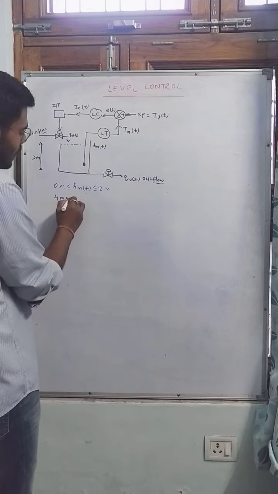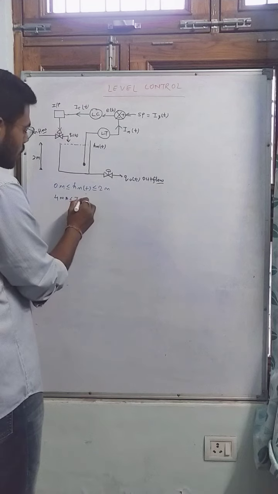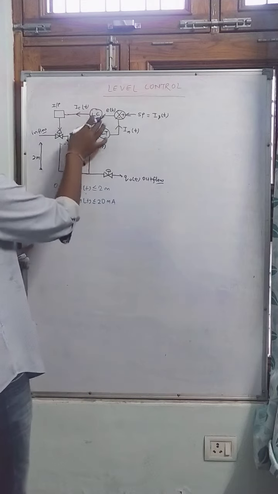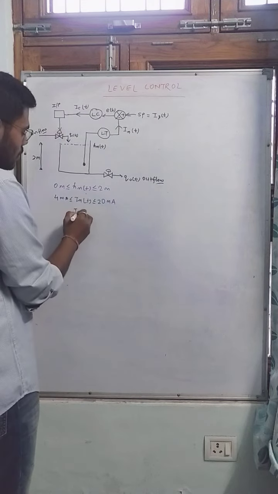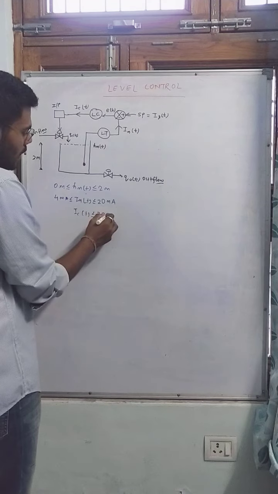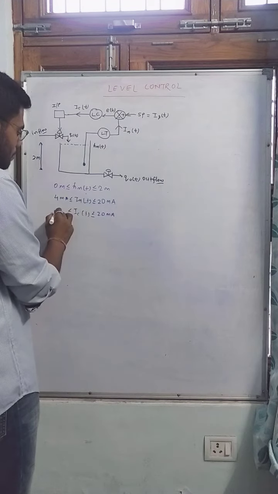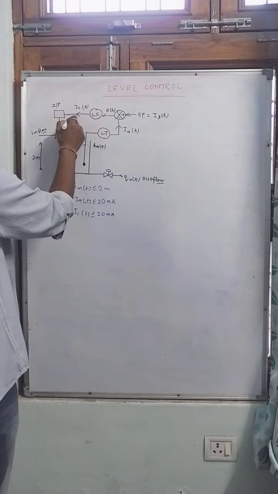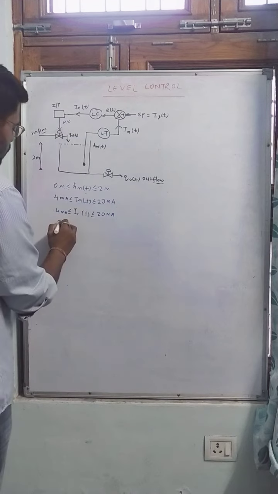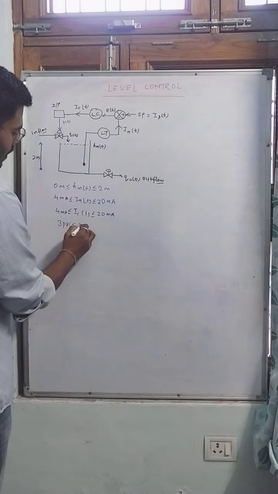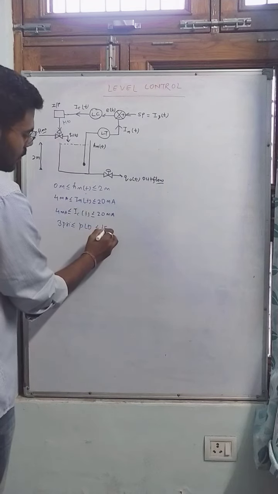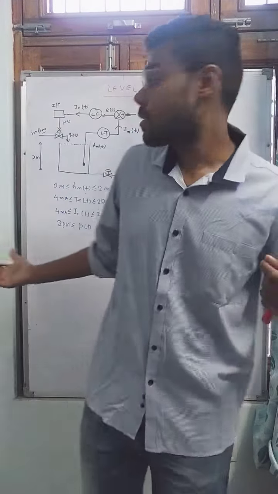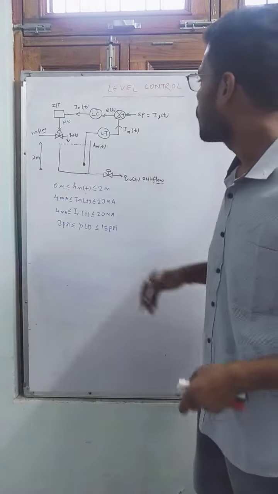IMT is the standard industrial range, 4 to 20 milliampere. So this ICT is also 4 to 20 milliampere. And the I to P converter will give some pressure signal PT, and this PT range is 3 psi to 15 psi. So these are some standard ranges for all these physical parameters.